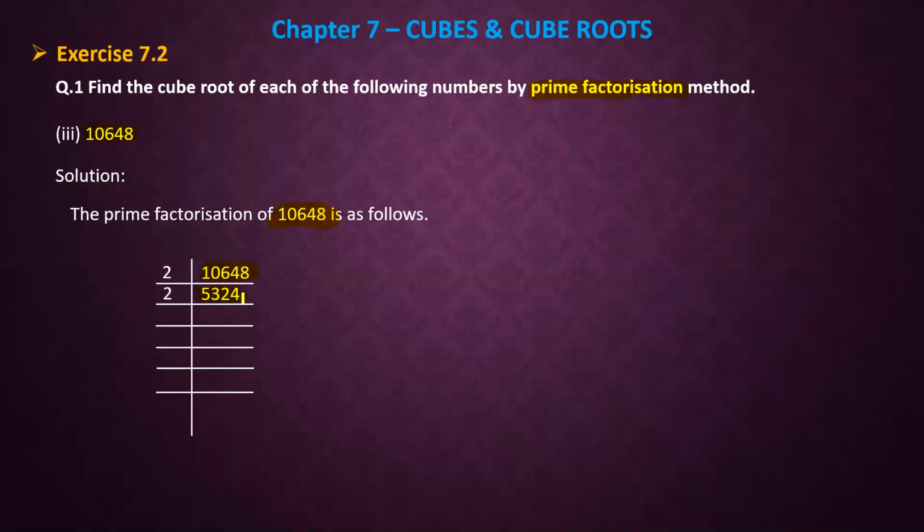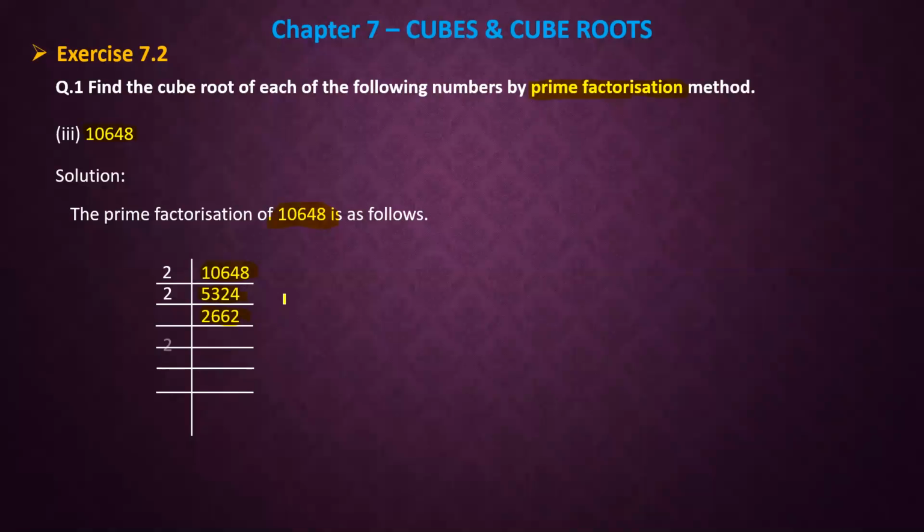By dividing 5,324 by 2, we get the answer 2662, which is again an even number.